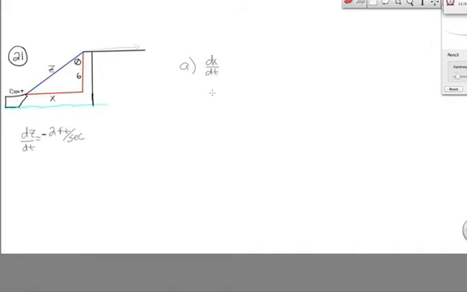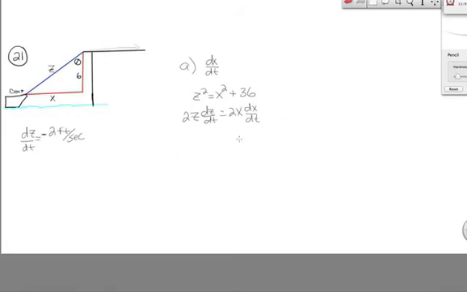So again, Pythagorean theorem works out pretty well. I get z squared equals x squared, and I can go ahead and plug in the 6, because the 6 is not changing, it's static. So now when I take the derivative, I get 2z dz/dt equals 2x dx/dt plus the rate of change of that constant we're referring to, which is obviously nothing.